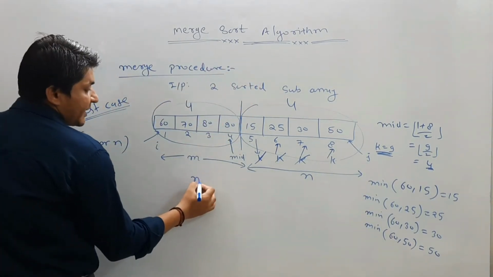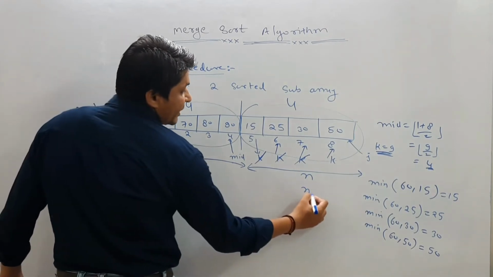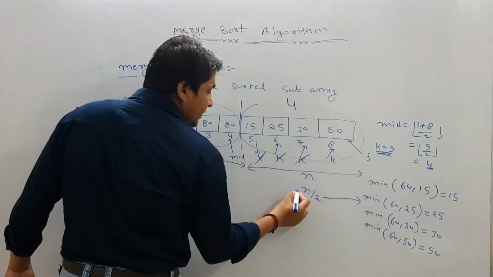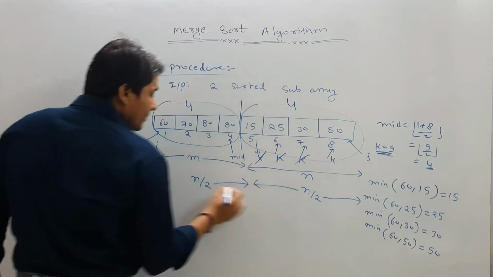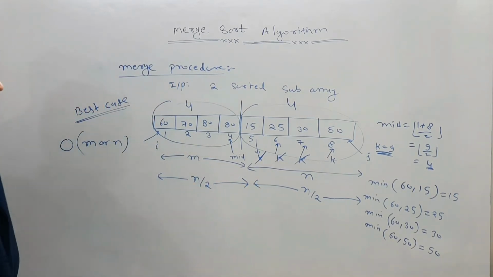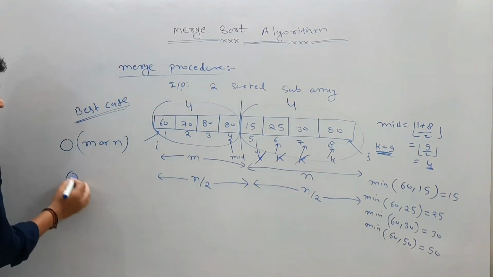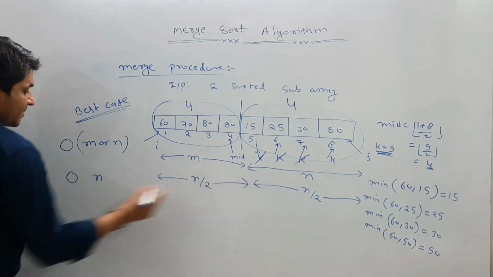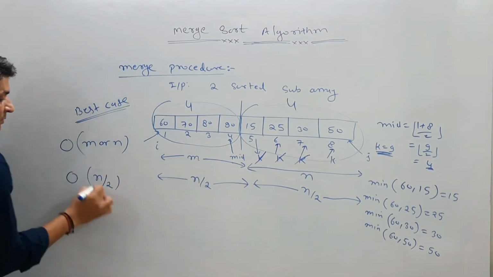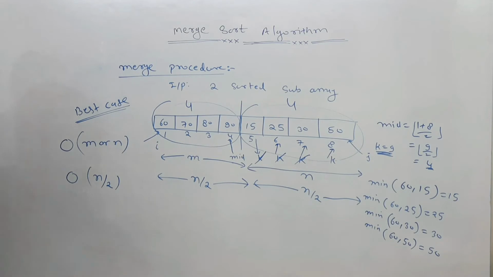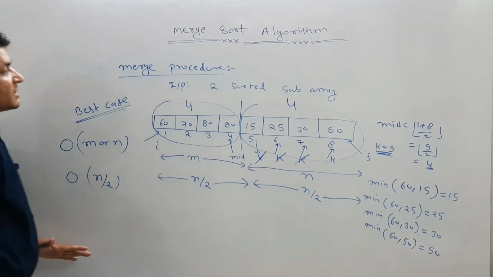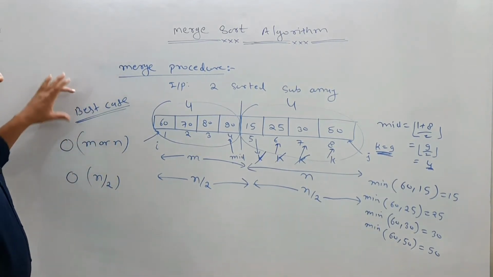Let's say it contains n/2 elements. This also contains n/2 elements. Now what is the number of comparisons we will make in the base case? The base case will take either this part or this part. So n/2 comparisons, correct? Yes.